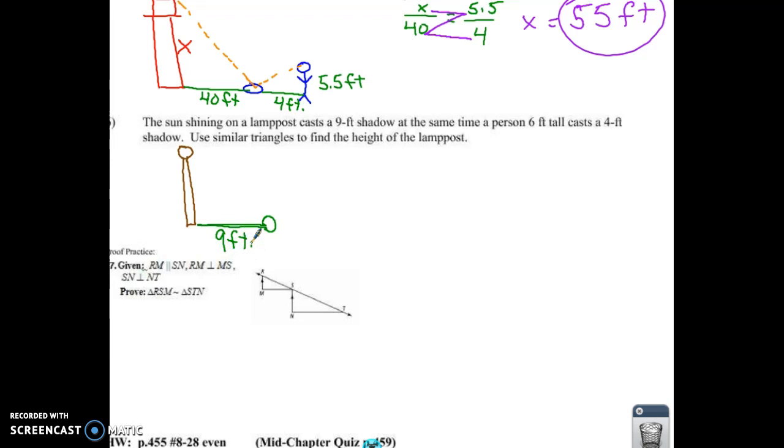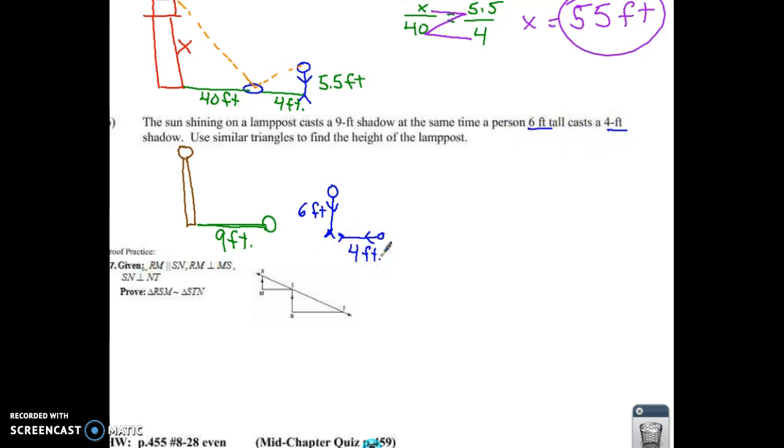At the same time, we have a person that's standing. How tall is a person? 6 foot. So that person's 6 foot tall, but the person's shadow again would lie on the ground, but this shadow is only 4 feet long.